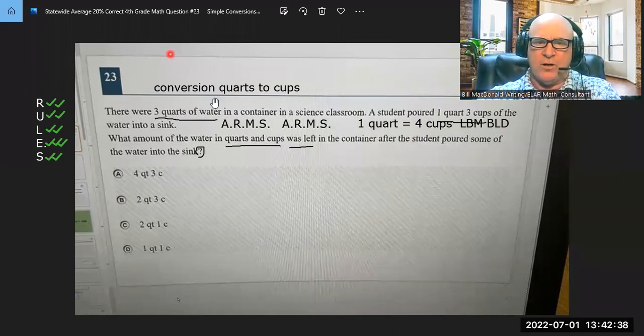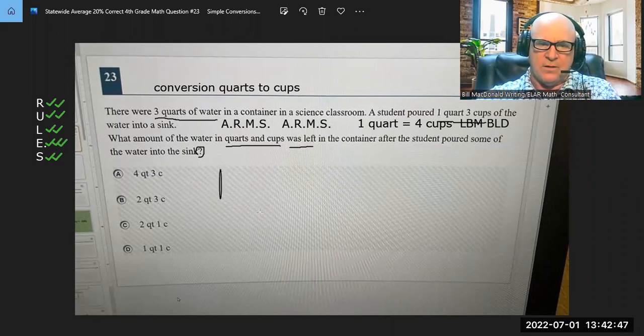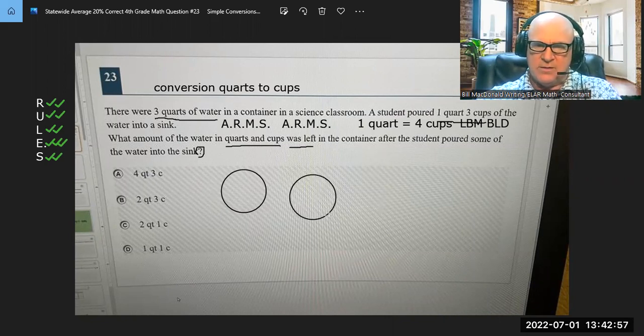So I'm going to draw 3 circles on here. See if I can do it. All right. And unfortunately, I can't get them to be exactly the same because I don't have a copy and paste mode in this that I can see. So please forgive me if my circles don't look all exactly the same. All right. So each one of those is 1 quart.